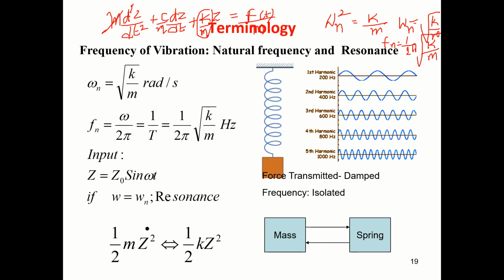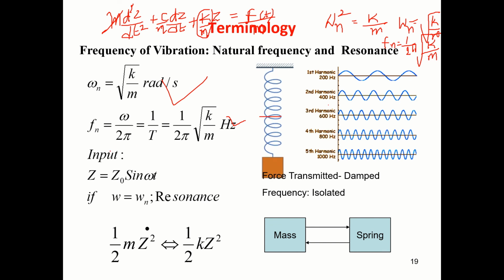Suppose it is struck by a road force, then the sprung mass will start oscillating. Right, it oscillates with a frequency of omega n equal to root of k by m radians per second, or 1 by 2 pi root of k by m hertz. Is it okay?